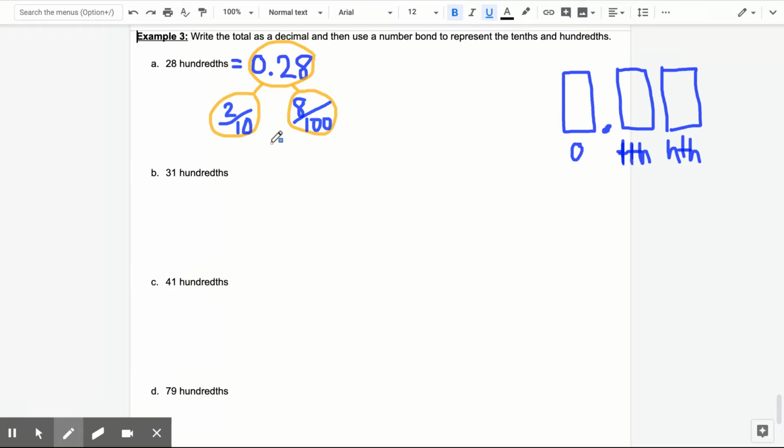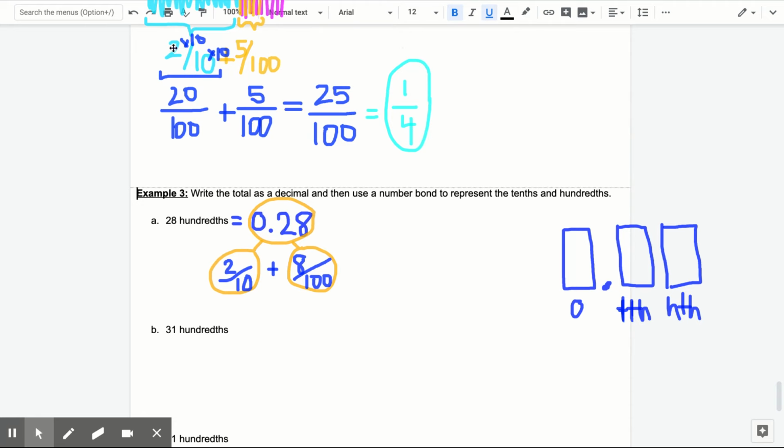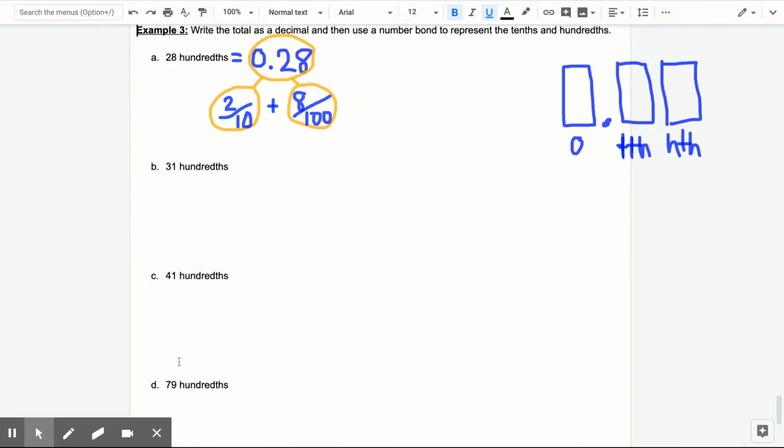And it's as simple as that. Very similar to how we just broke down that problem right above, using multiplication to get common denominators. This way we're just moving backwards, where we're taking our tenths out and taking our hundredths out to show those two values. All right, so next one, let's do it.